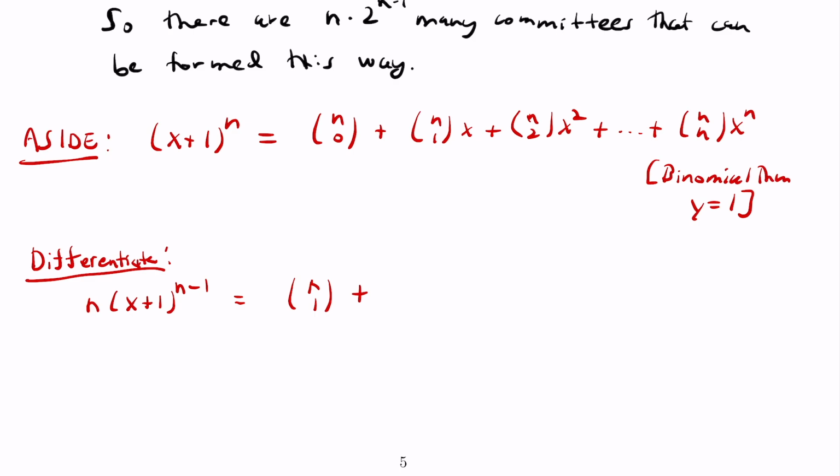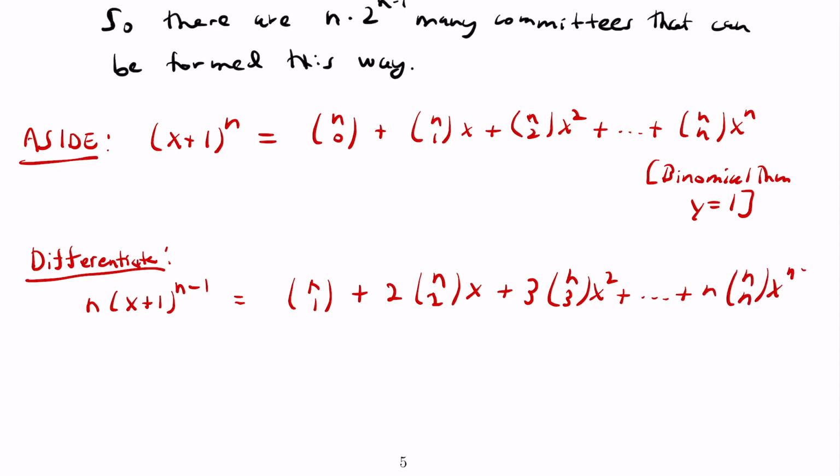You get n choose 1, then 2 times n choose 2 x, then the next term here will be n choose 3 x cubed, so you get 3 times n choose 3 x squared. And this continues until you have n times n choose n x to the n minus 1.